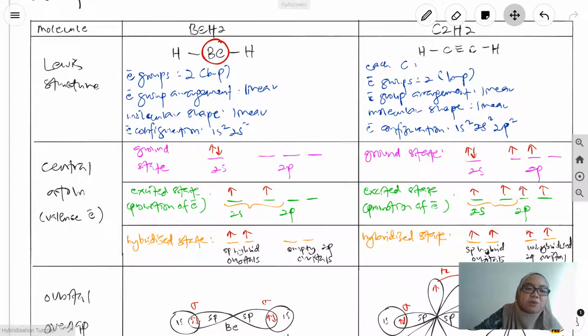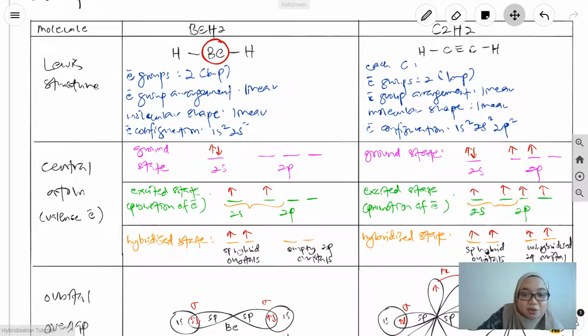That's when we move on to the second state, which is the excited state. This is the promotion of an electron, where one electron from the 2s atomic orbital of beryllium is excited to the empty 2p orbital of the beryllium atom.